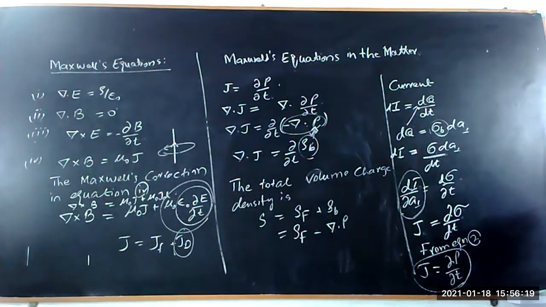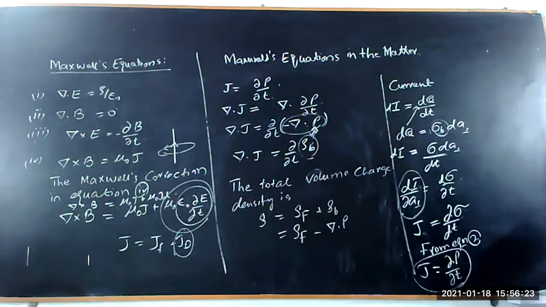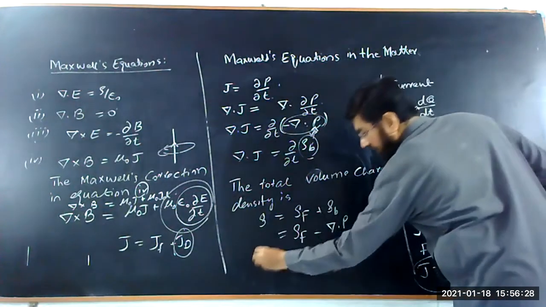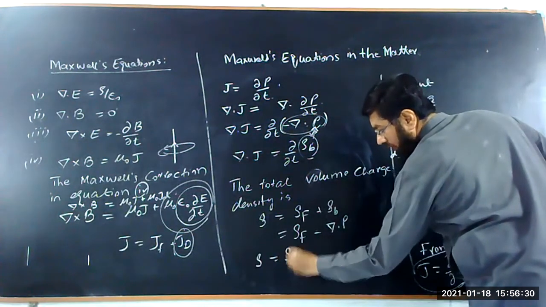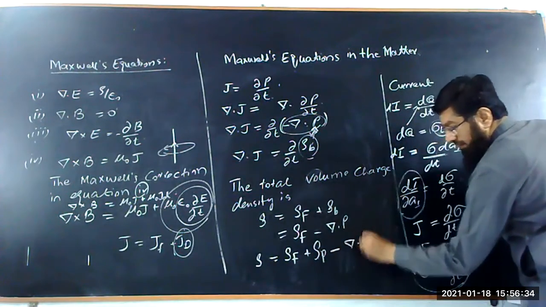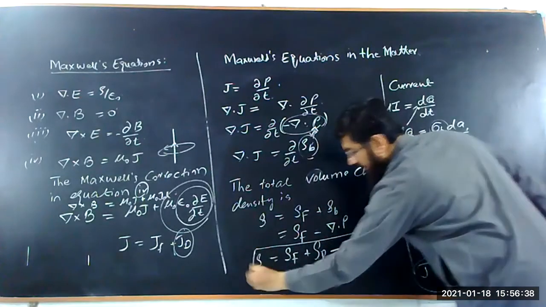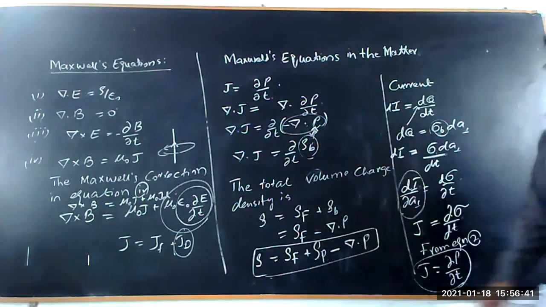So here this equation can be rewritten, in the case of the electric field, as the total rho equal to rho of F plus rho of polarization minus divergence of P. So this is the total density.